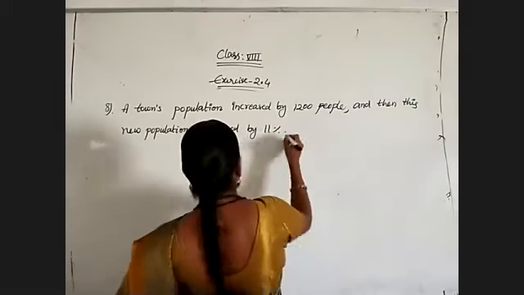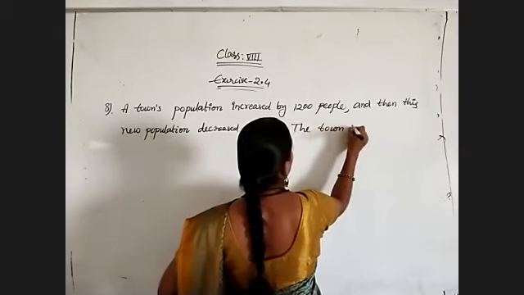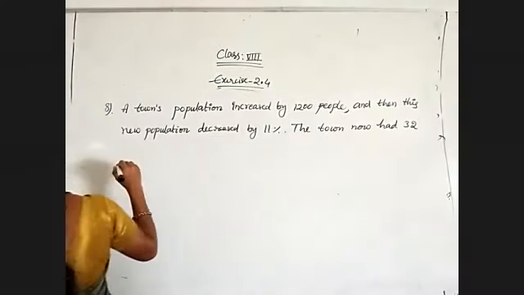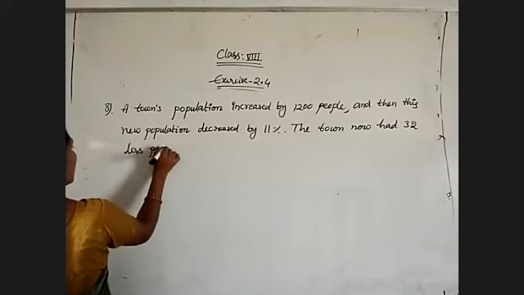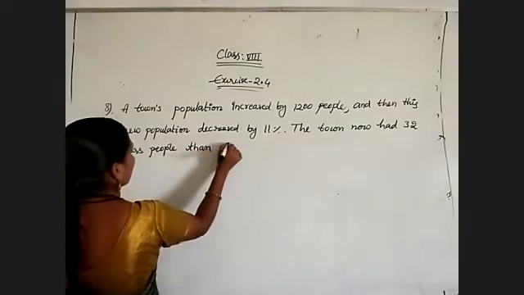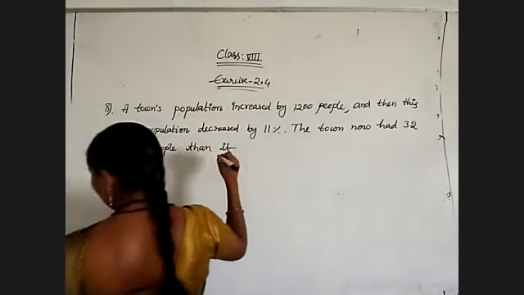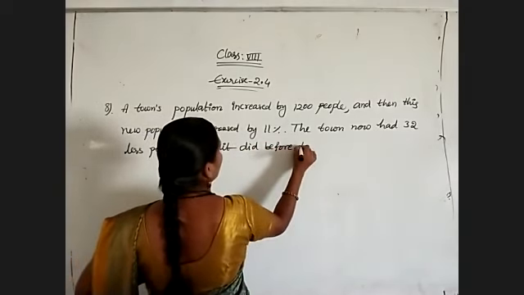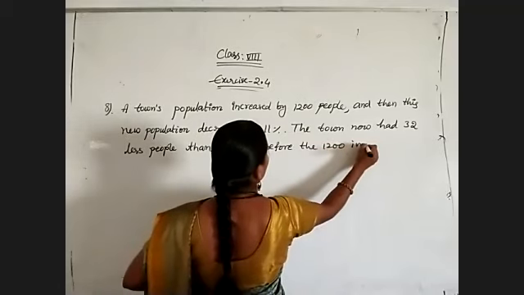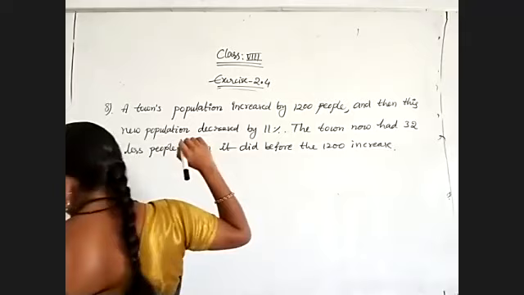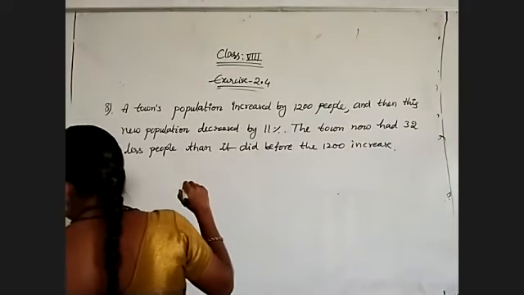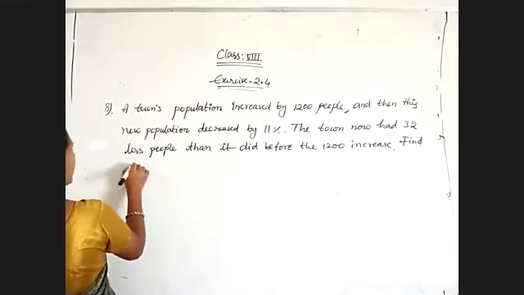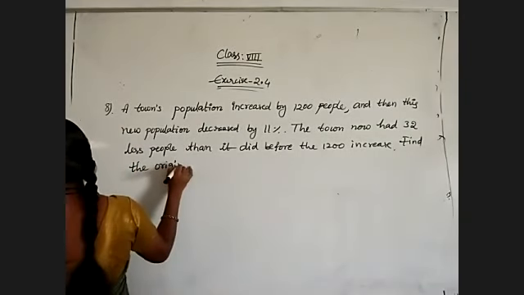The town now had 32 less people than it did before the 1200 increase. Find the original population.